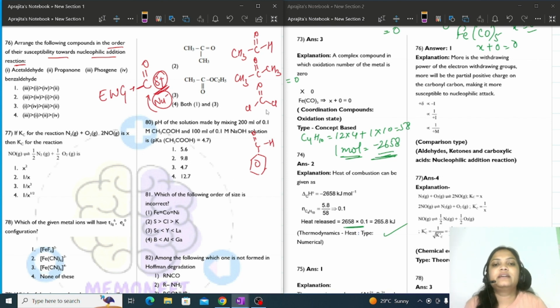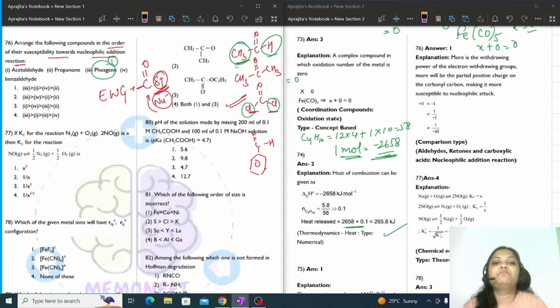Now the first thing is here chlorine. Two chlorine groups are attached in phosgene. So phosgene will be the most susceptible towards the nucleophilic attack, because chlorine are electron-withdrawing. So the first would be phosgene. Then after that it would be acetaldehyde, because there is only one CH3 group attached. On one side there is hydrogen.